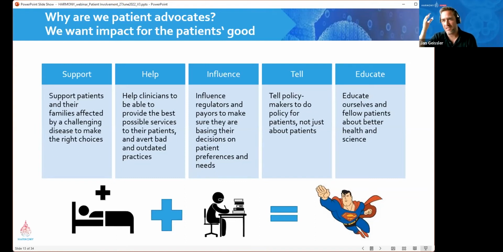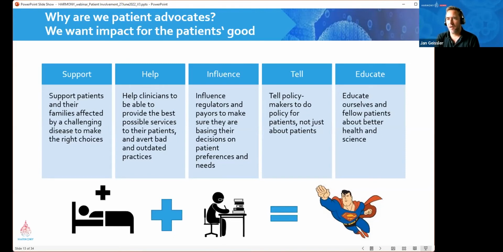We're trying to tell policymakers to do policy for patients, and we've been engaging on the EU and Brussels level in the past 20 years in cancer to really help when things like the Clinical Trials Directive or regulation, or data protection regulation, or information to patients, or information about medicinal products are being revised, or now at the moment the pharmaceutical legislation on the EU level. We're trying to be part of that to make sure that this really delivers to the patient needs.